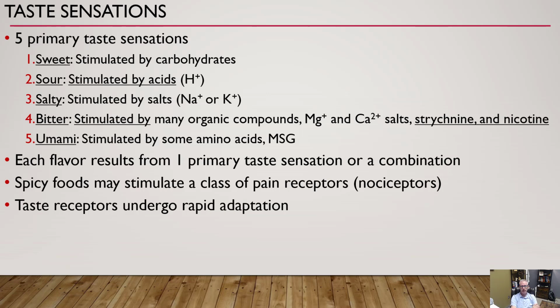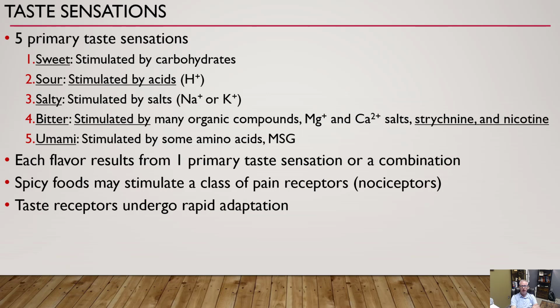Sour is stimulated by acids. Remember, acids are anything that can dissociate, producing a hydrogen ion. Salty is stimulated by salts, anything that contains sodium or potassium, like sodium chloride, potassium chloride. So sodium and potassium are the salty component.